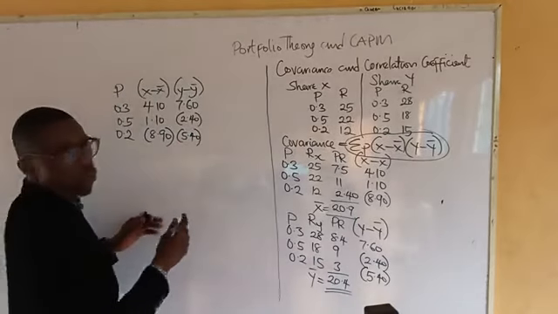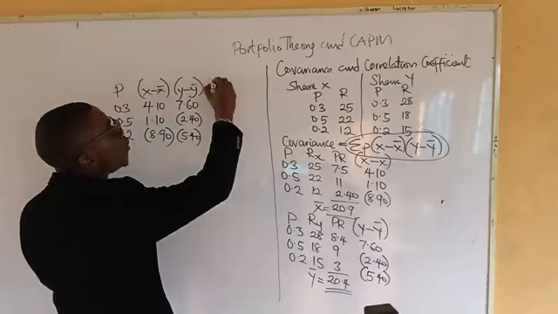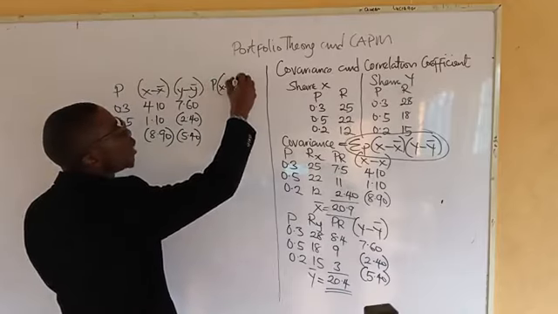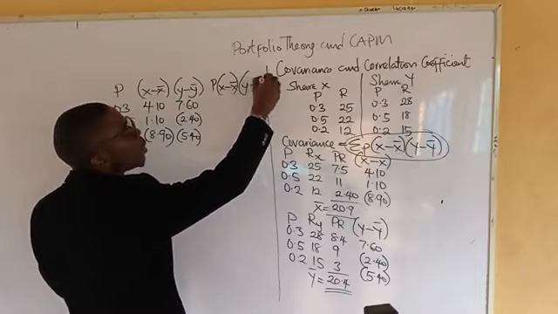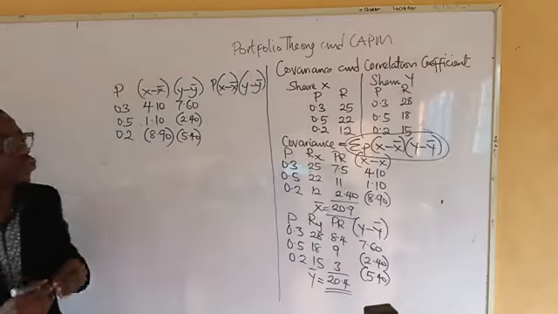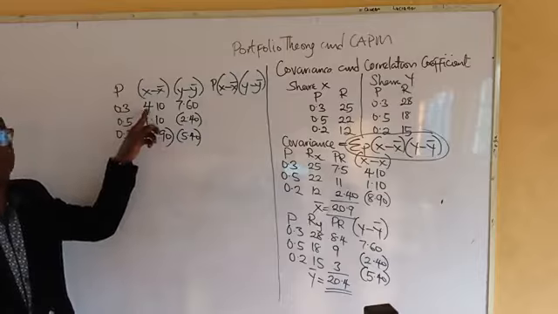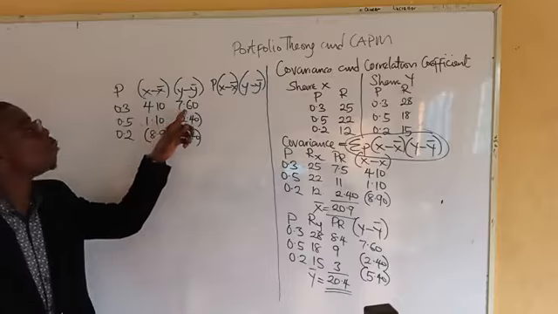So what are we doing now? We are multiplying together. If you multiply together, you have P, bracket x minus x bar, bracket open y minus y bar. So it is 0.3 times 4.1 times 7.6.